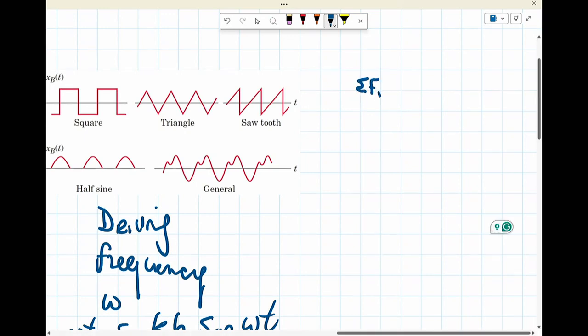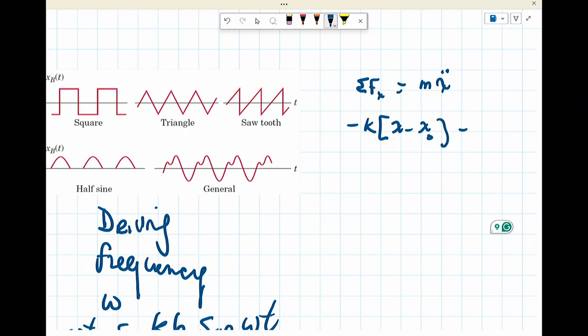But ultimately, the sum of forces in x is equal to mx double dot, and so you can say minus kx minus x naught minus cx dot equals mx double dot. And that's the standard form you're used to.